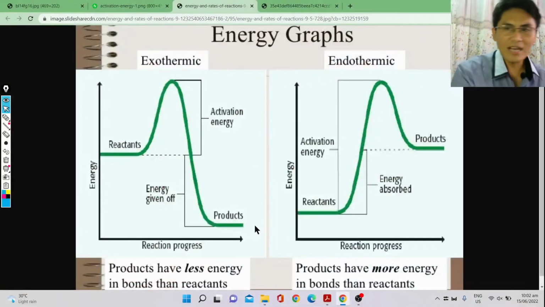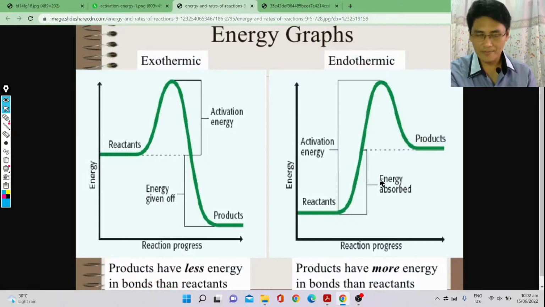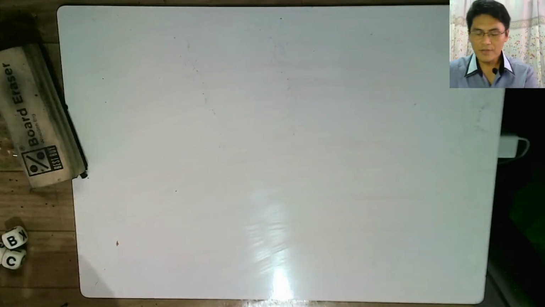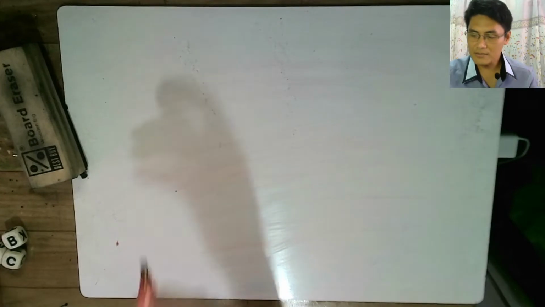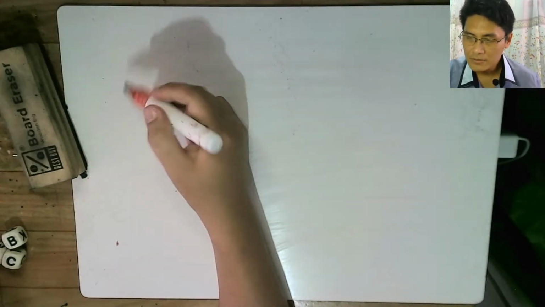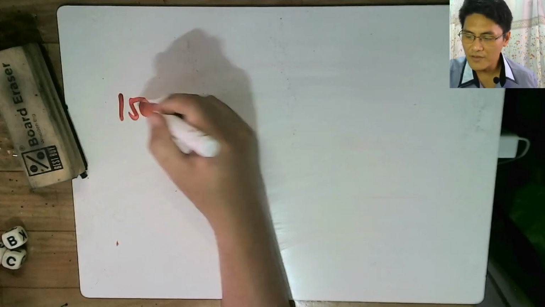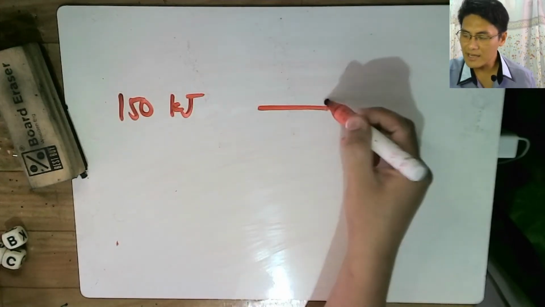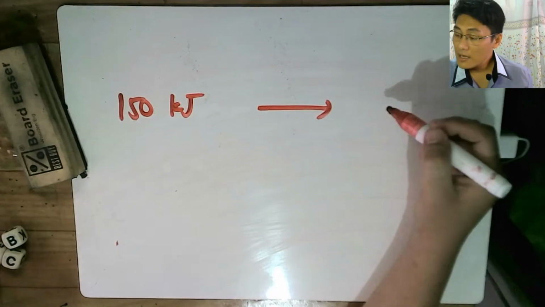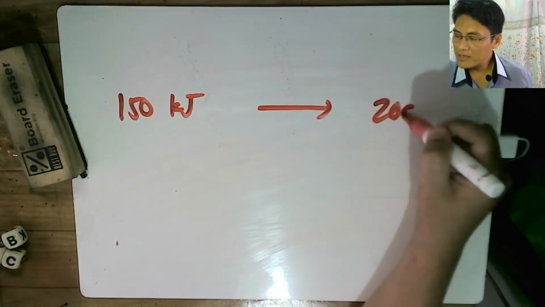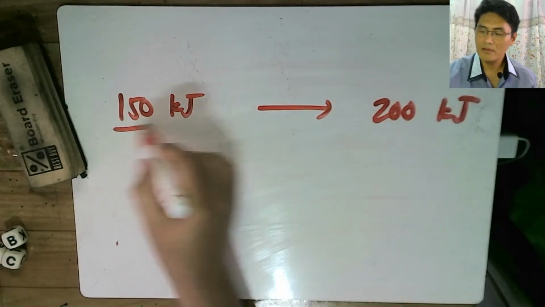Now, looking at the second graph, it's opposite. The reactants have less energy than the products. Okay, so again, just to illustrate that, let's put some numbers here, just for illustration purposes. Let's say 150 kilojoules in the reactant side, and then in the product side, it's now 200 kilojoules, right?